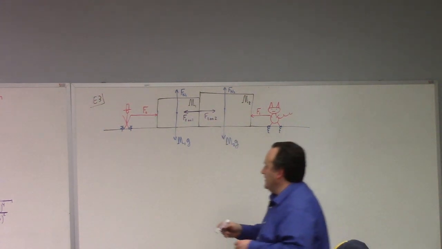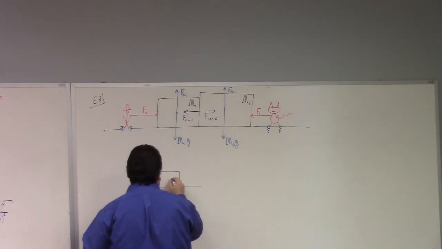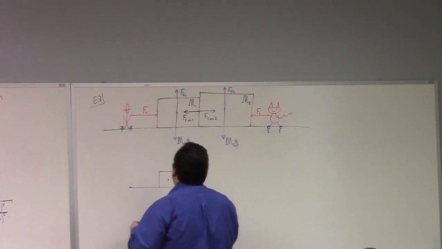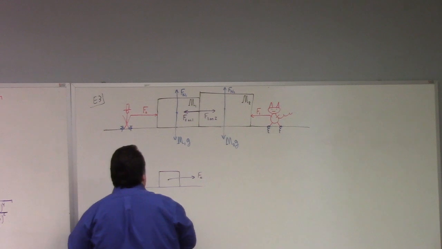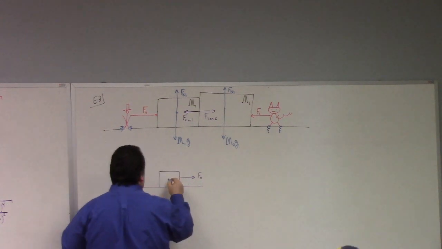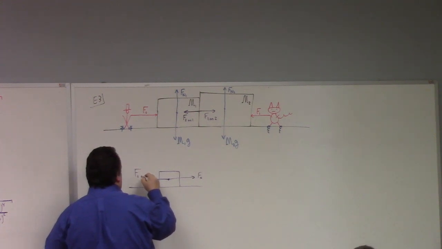Let me just unclutter my picture and draw M1 as if it's just on its lonesome down here. On M1, we have F naught from Mr. Top Hat, but we also have the force of 1 on 2.